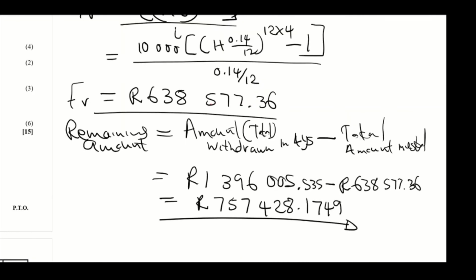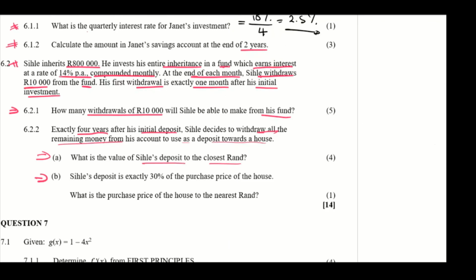So now the B part of 6.2.2 says that Sihle deposits exactly 30% of the purchase price of the house, right? So what is the purchase price of the house to the nearest rand? So remember that we wanted to know how much money was remaining in his account for him to deposit for a house, right?